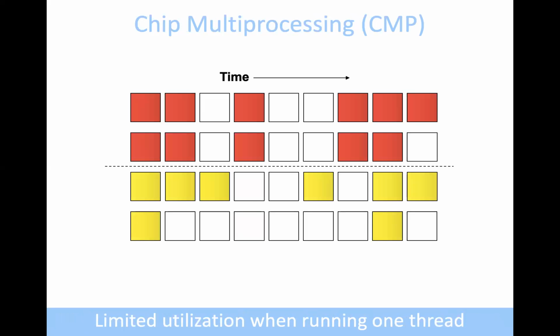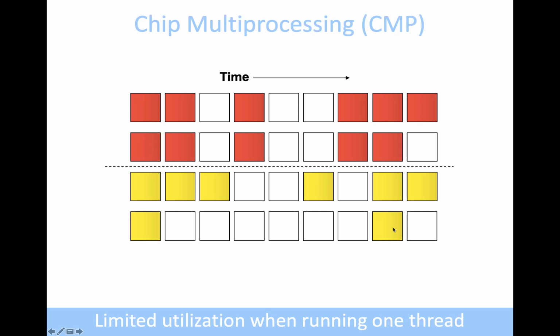So that's where we go into the chip multiprocessing aspect of things, where you take the resources that you would have dedicated to, say, a four-way superscalar core, whether it's out of order or not, and then you split it into two cores, right? So now you have two independent threads of execution or tasks running, and you might be able to use the hardware a little better.